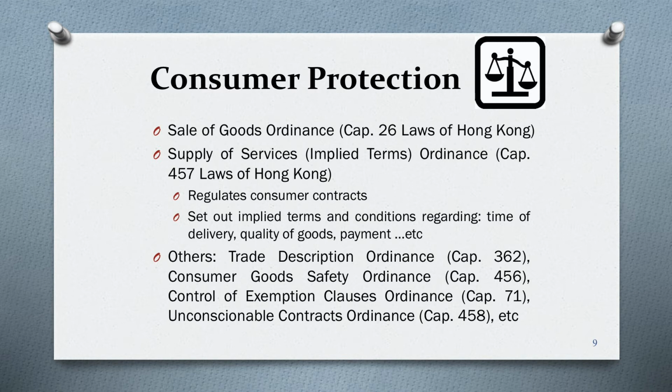So if you go in to buy a television and you don't have a written contract, you just have a contract by conduct, for example. What happens is SOGO, the Sale of Goods Ordinance, will imply a term or terms into your contract. For example, in relation to the quality of your television, SOGO will stipulate the television has to be of merchantable quality.